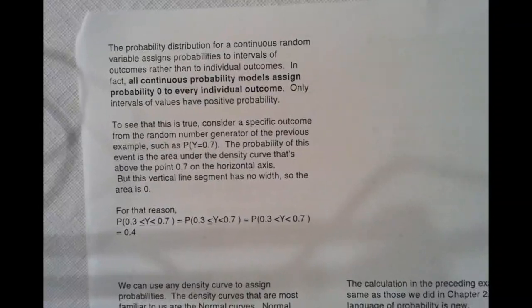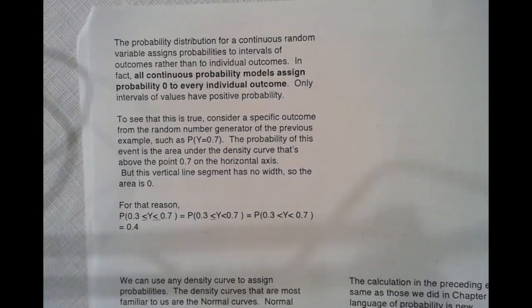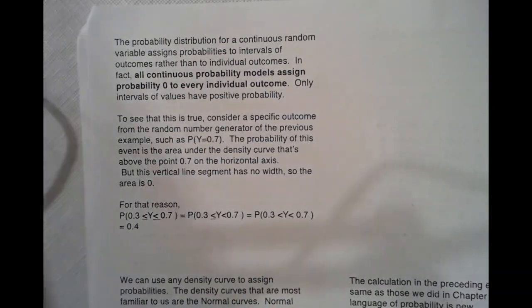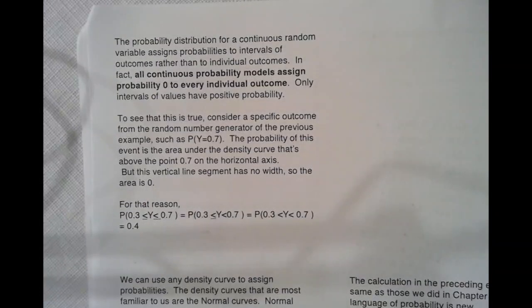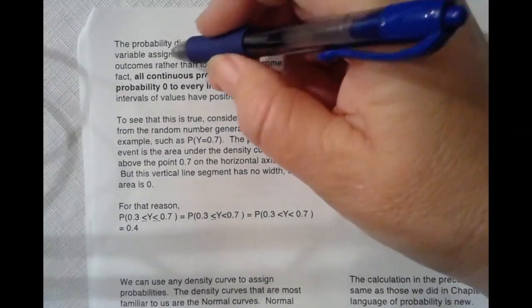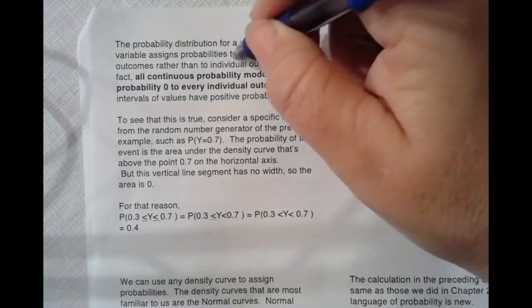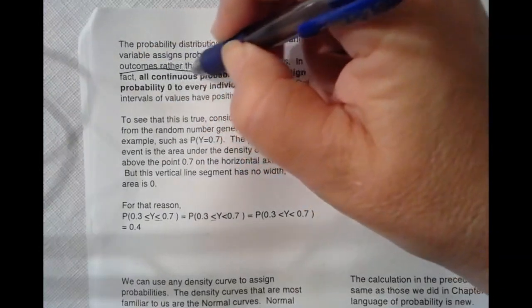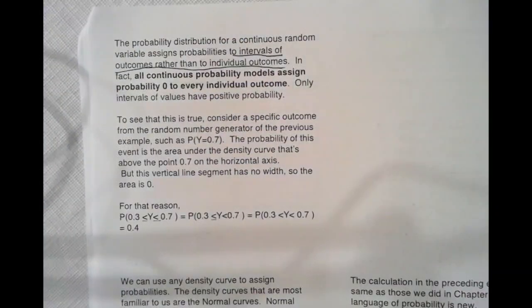The probability distribution for continuous random variables assigns probabilities to intervals of outcomes rather than to individual outcomes.